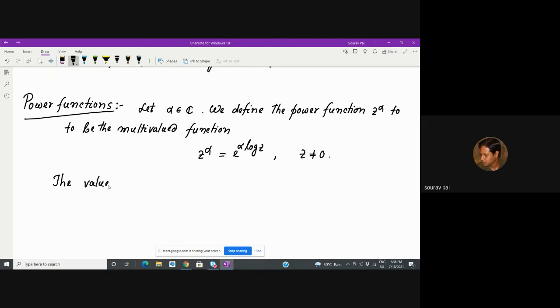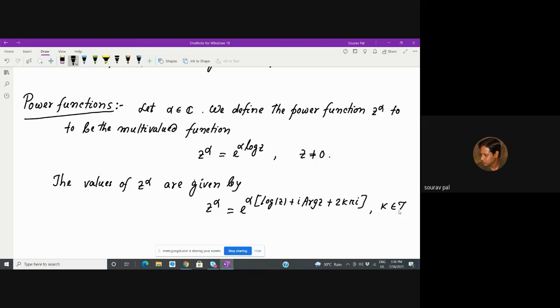The values are given by z to the alpha equal to e to the alpha times (log mod z plus i times the principal argument plus 2k pi i), where k runs over integers.